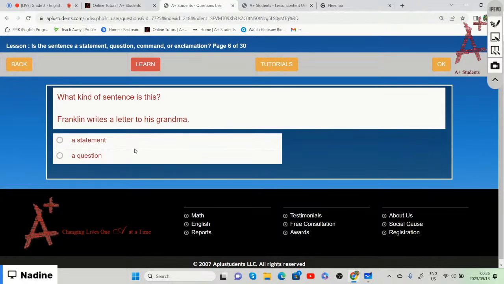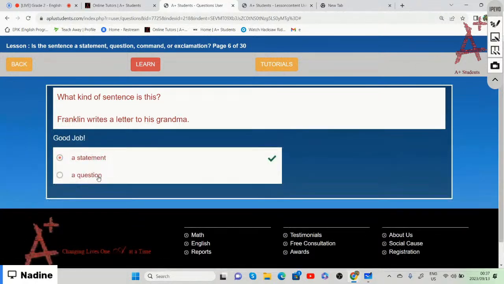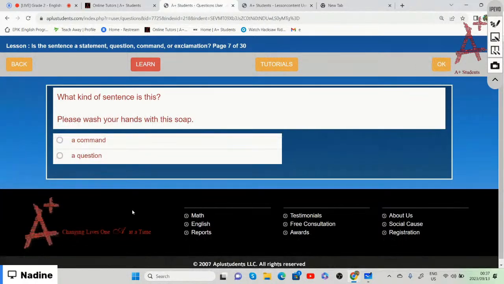Is this a statement where it's telling us about something or a question where we are asking about something? Since it's ending with a period, we will say that this is a statement, because a statement ends with a period and a question ends with a question mark. So well done. Yes, this is a statement.